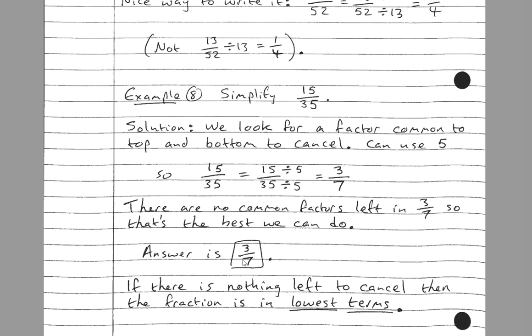And since that's the best you can do here, that's called lowest terms. Okay, so if you've canceled everything possible, nothing left to cancel, then the fraction is in lowest terms. Okay, so 15 over 35, that's not in lowest terms, but here it is simplified.